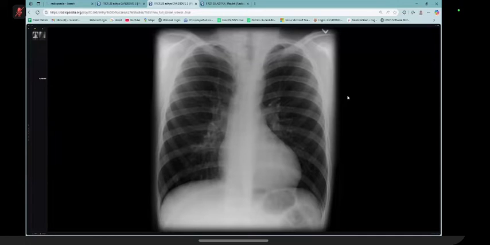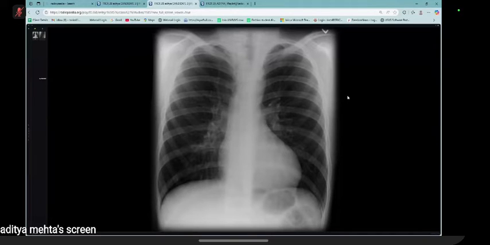This one, and this also on the left side. I can see inferior rib notching. I also cannot see the aorta. The heart was also somewhat enlarged. So this could be due to coarctation of the aorta.